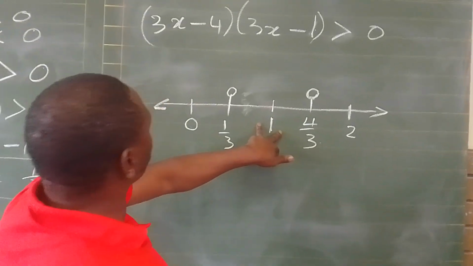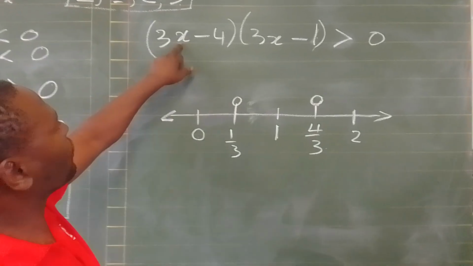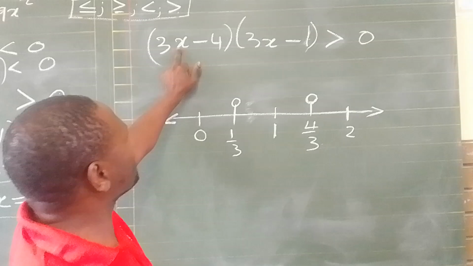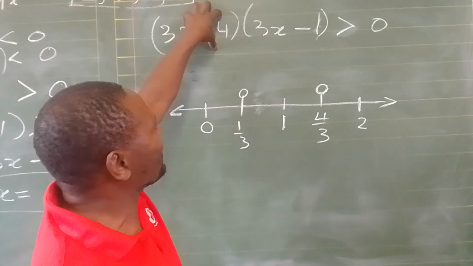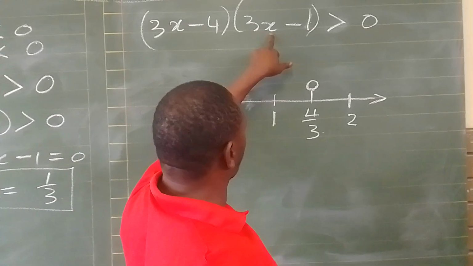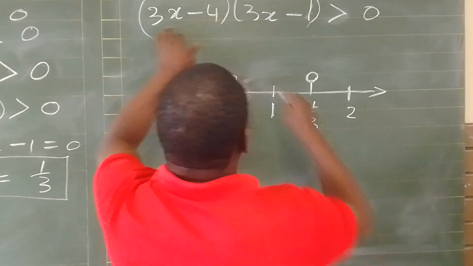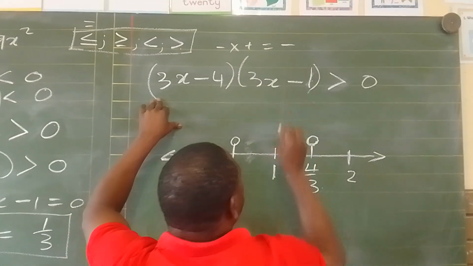Let's start here. If you take 1 and substitute it here, we're going to get 3 times 1 is 3. 3 minus 4 is negative. So you have a negative here. You take a 1 again, you plug it here. 3 times 1 is 3. 3 minus 1 is 2. So you are having a negative multiplied by a positive, which gives you a negative.